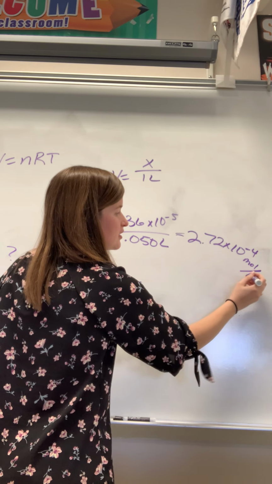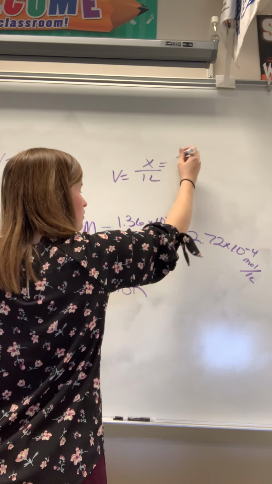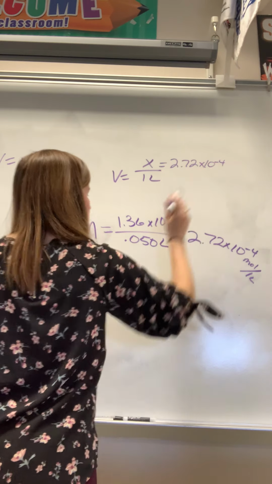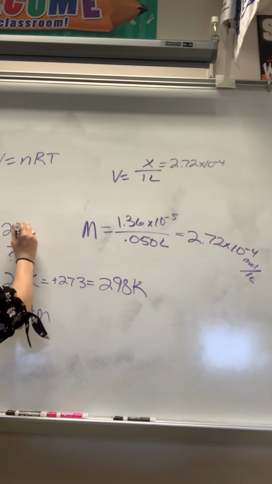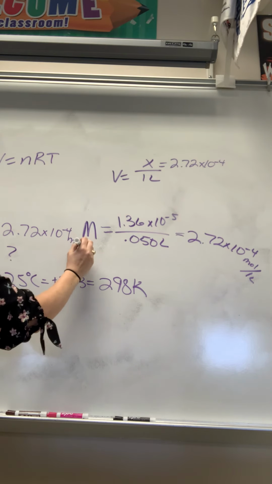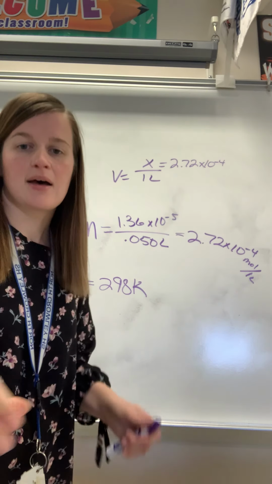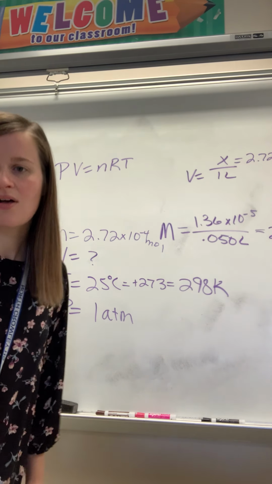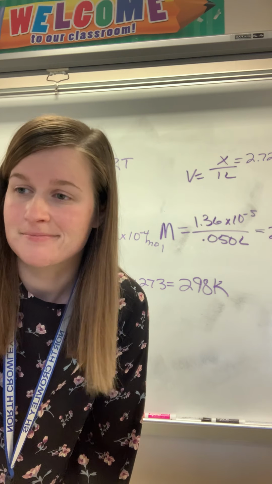So if we have 1 liter, then we want that many moles. So my n is going to be 2.72 times 10 to the -4th moles. When I plug into PV equals nRT, remember R is a constant, so when I plug in all those things, I should solve and you should get 6.65 milliliters.